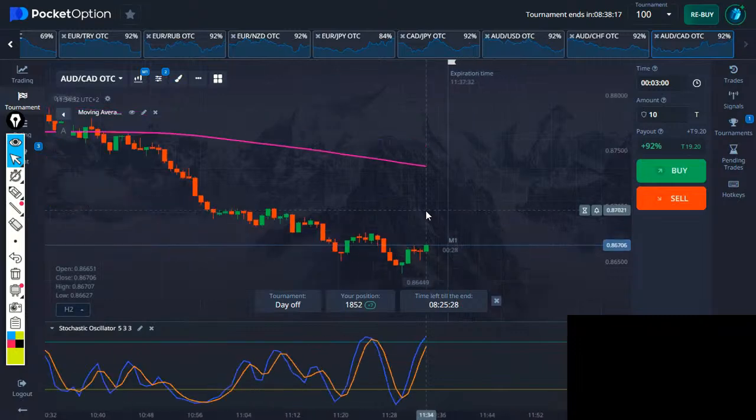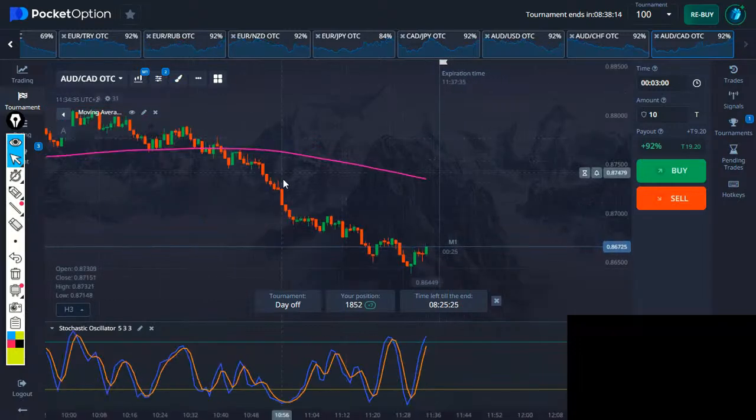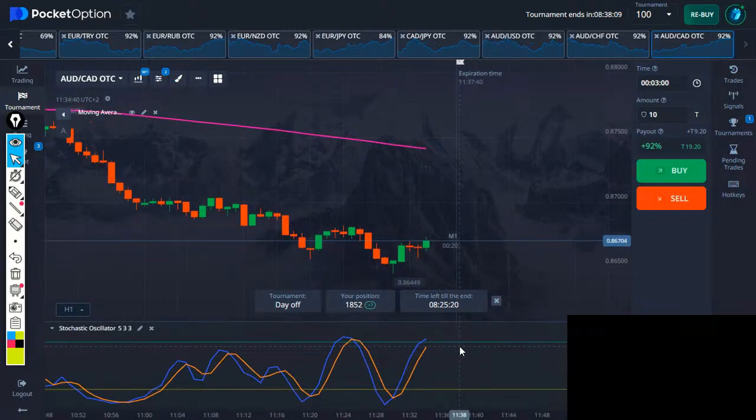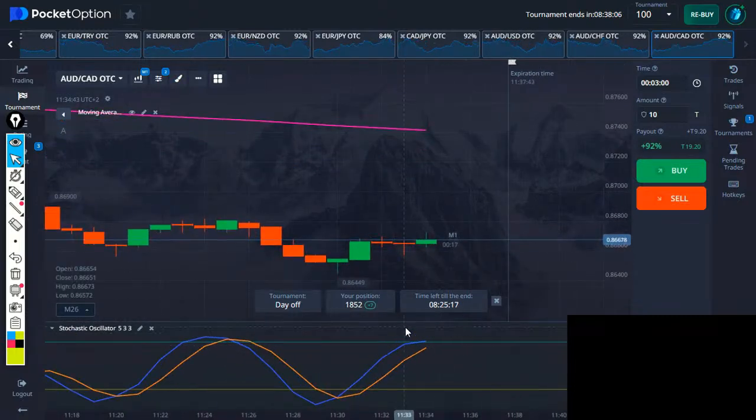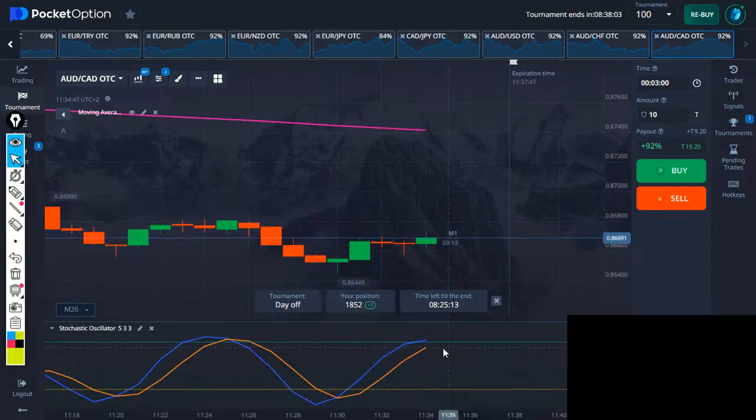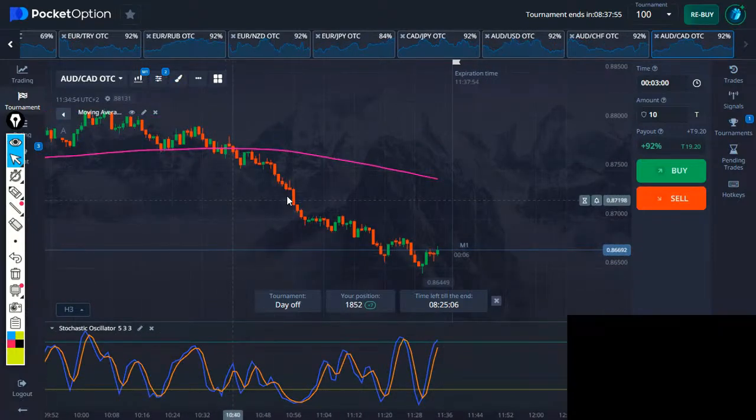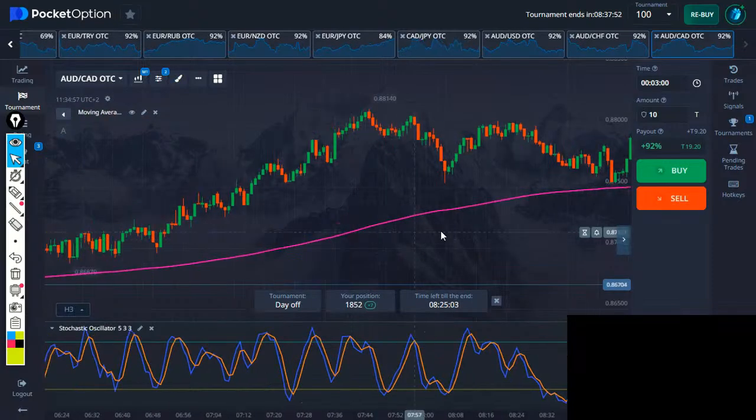Okay, so these are the rules. For sells, we need the price to be below the exponential moving average, the stochastic to be in an overbought condition, and both lines to cross in a downwards direction. For buy positions, it's the same thing, but the other way around.